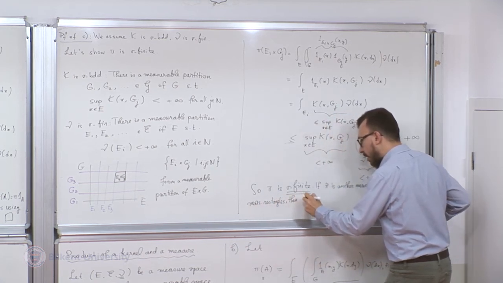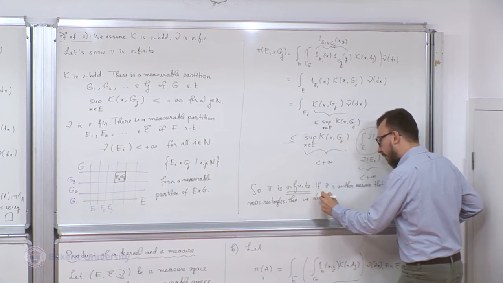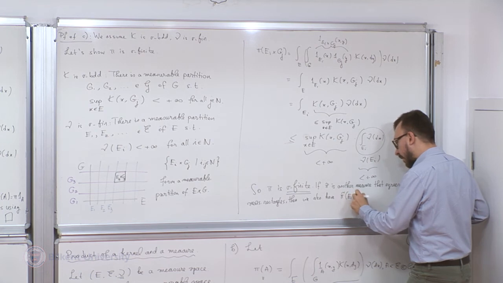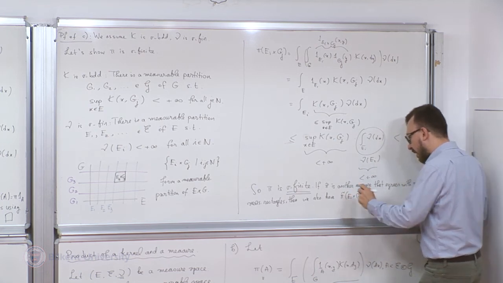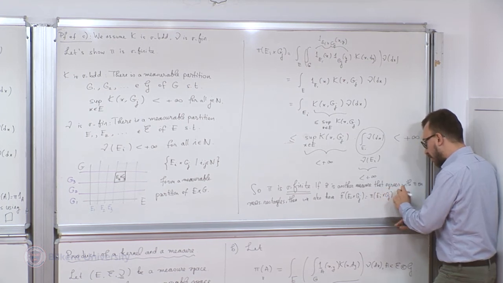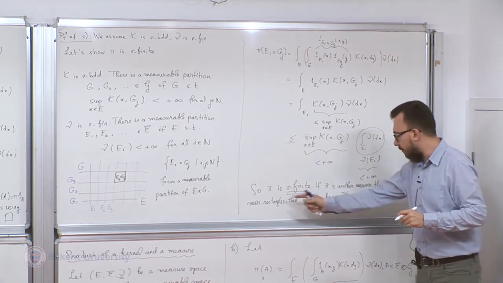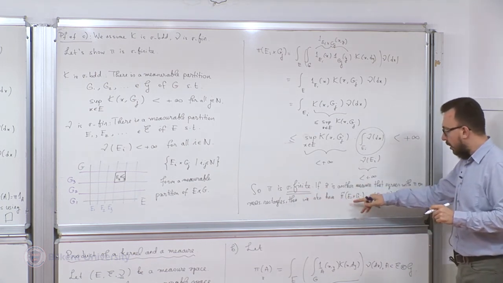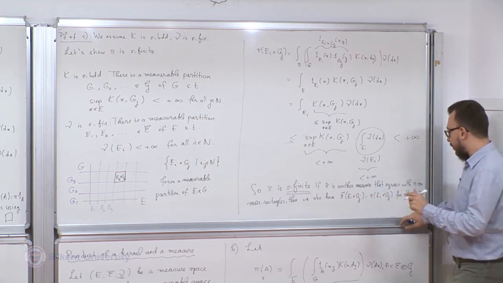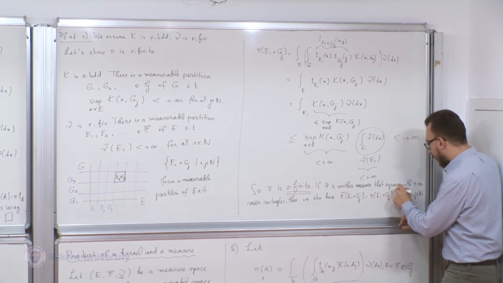then we also have pi tilde of Ei cross Gj is equal to pi of Ei cross Gj for all i, j, because if they agree on measurable rectangles, they also agree on those special measurable rectangles, because that is the assumption. This is also finite, okay?